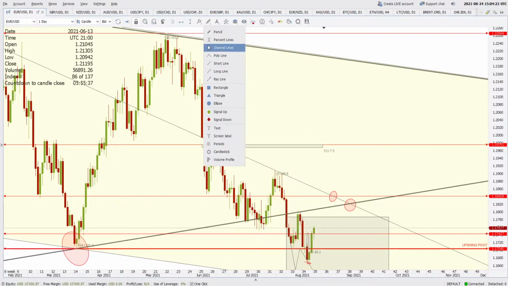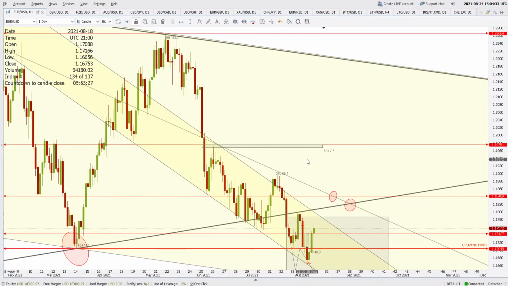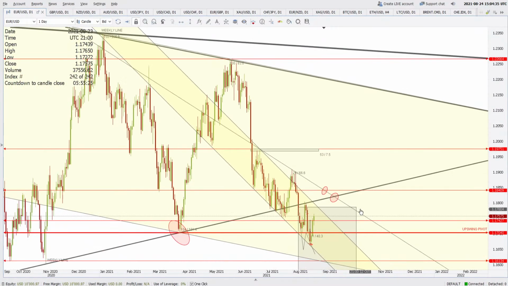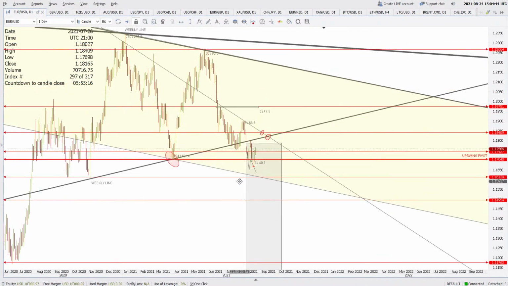I will show you now. There is sort of channel being made if you join these lows. So this channel, of course it was broken here and then came back eventually. Otherwise, okay, we'll remove this channel.